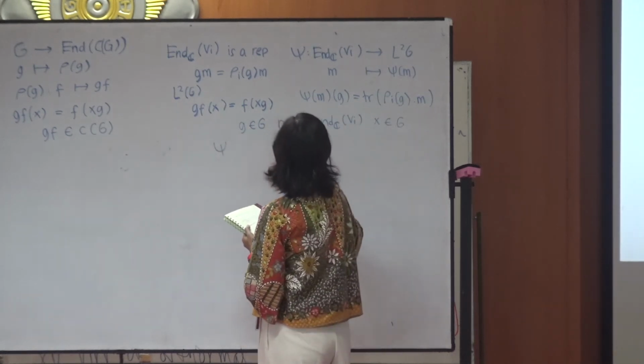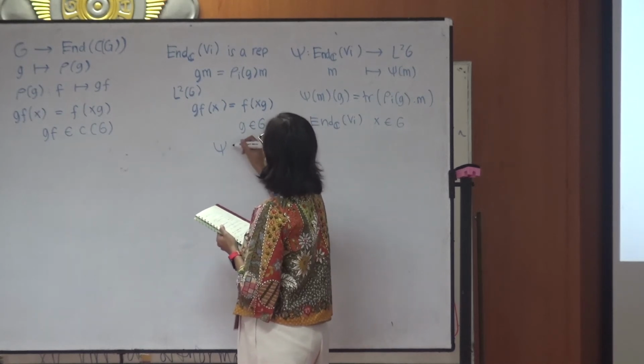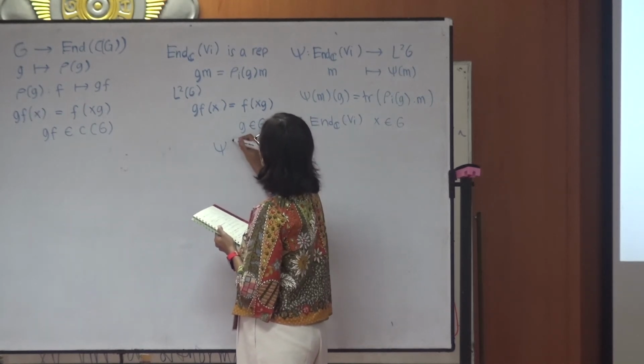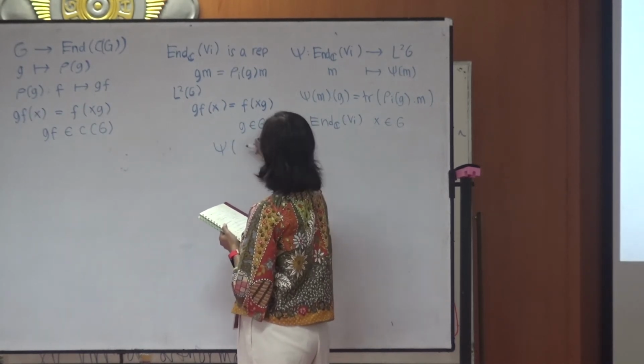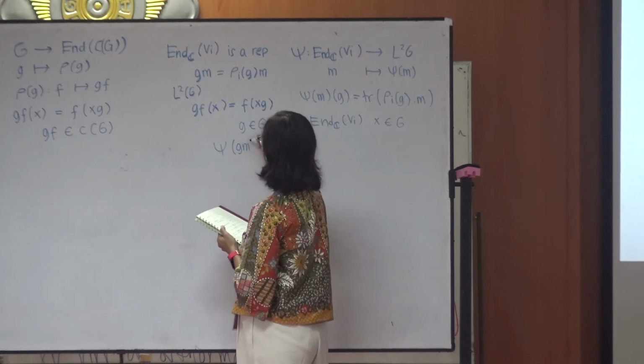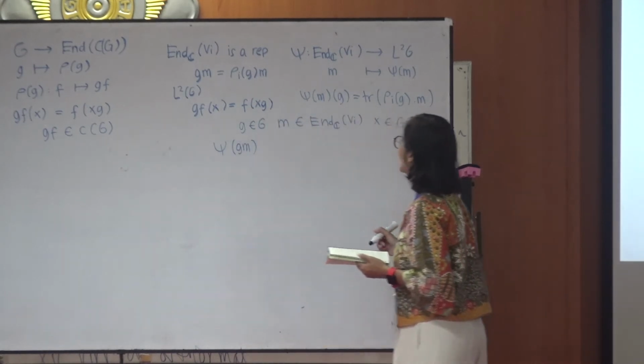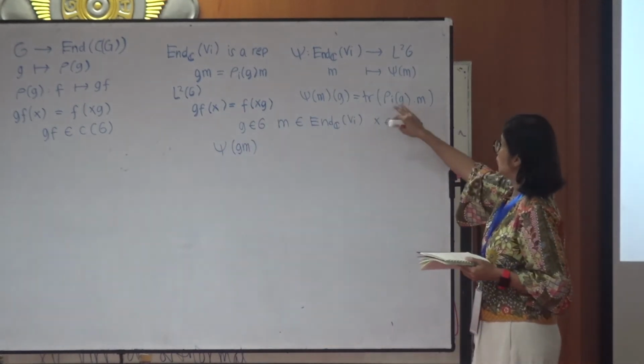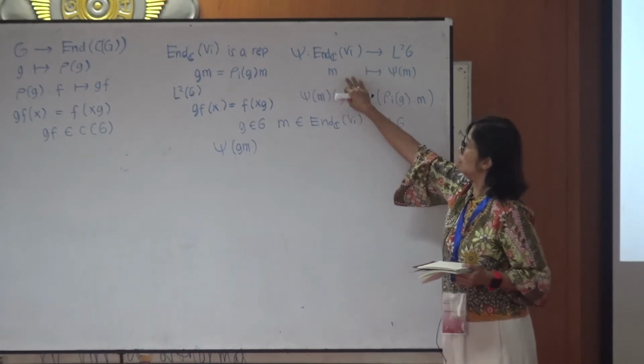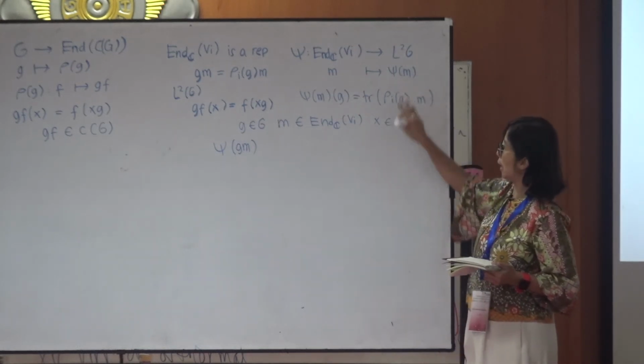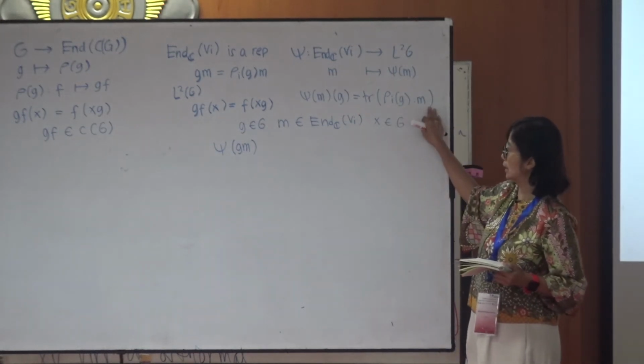the psi of gm. So we have defined psi from m to psi m given like this.